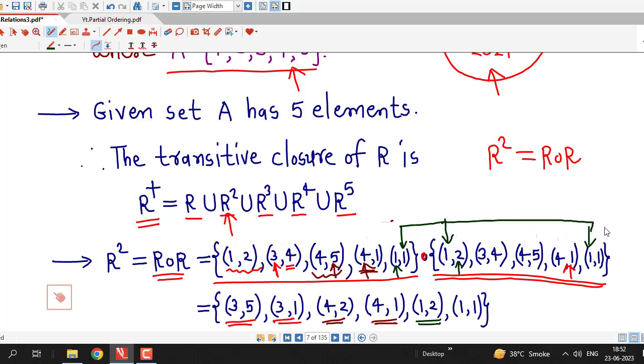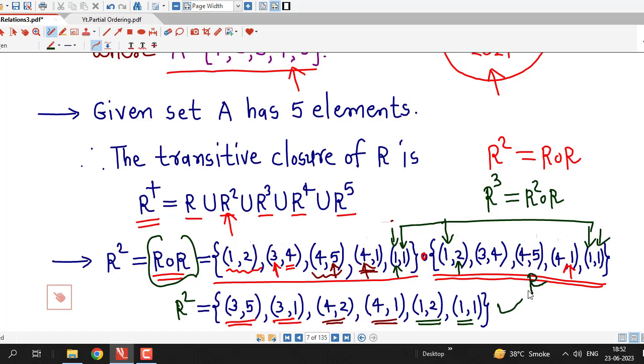And if I combine with this, I have 1, 1 and 1, 1, so we can see ordered pair 1, 1 is in the composition. So this is our R2, the second power of R, which we have obtained by taking the composition of R with itself. In the next step, we have to find the third power of R, which we can obtain by taking the composition of this R2 with relation R.